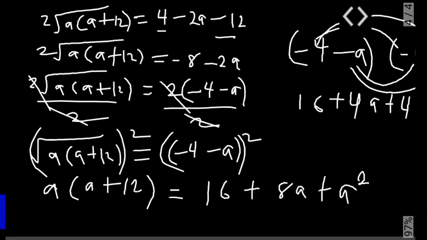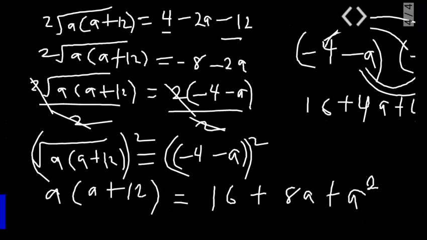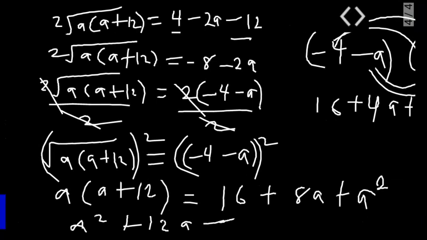So take a look at this. We can simplify this also. Or we can just expand this. So we have a squared plus 12a equal to 16 plus 8a plus a squared. We have positive a squared here. We have positive a squared also in the left hand side. So both sides we have positive a squared.